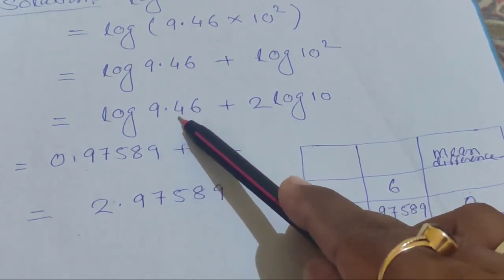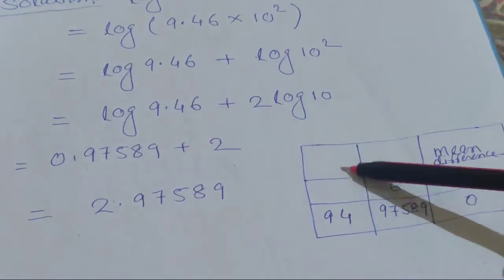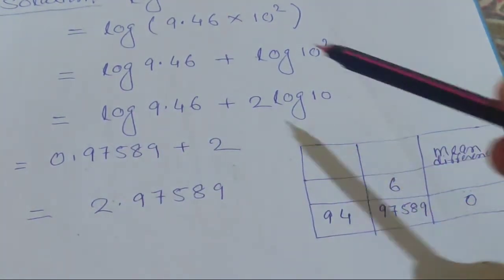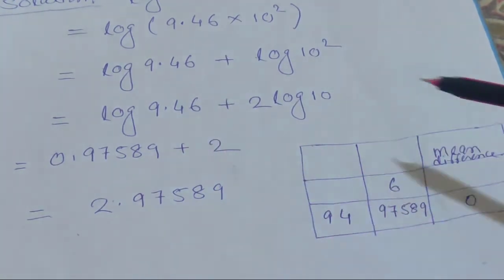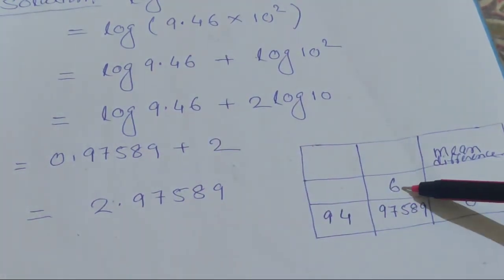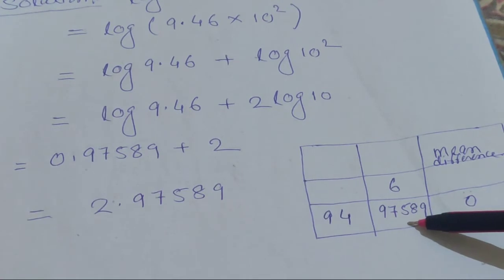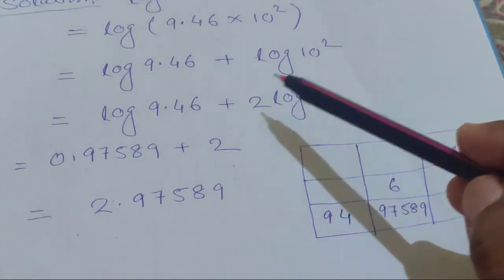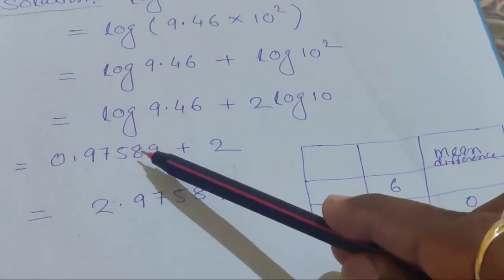We take two numbers and look for them in the vertical column. Here it is 94, then the next digit is 6, so I see in the horizontal column the value written under 6. From the table I have written this one: 97589. That is our mantissa, 97589.